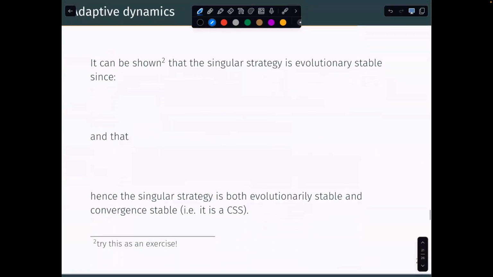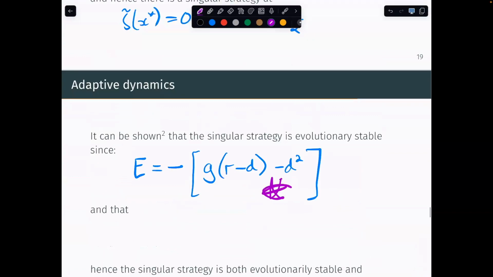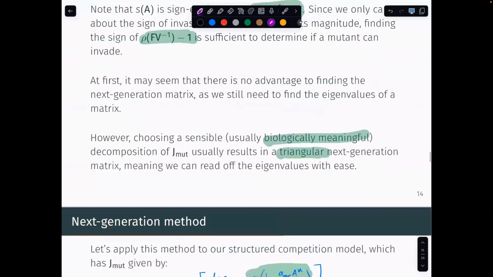The next thing we do is work out our evolutionary stability. It can be shown, again, this is an exercise, that when you do this, you should end up with minus brackets g times r minus d squared. You might recognize this from earlier in the class. This was a condition I had all the way back up.